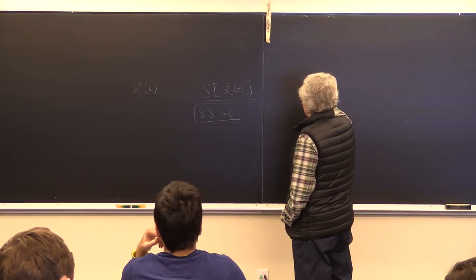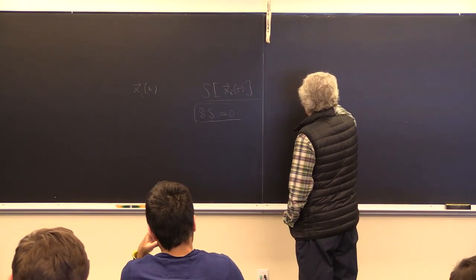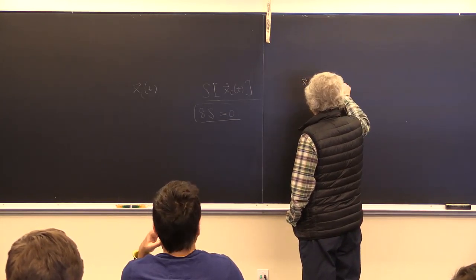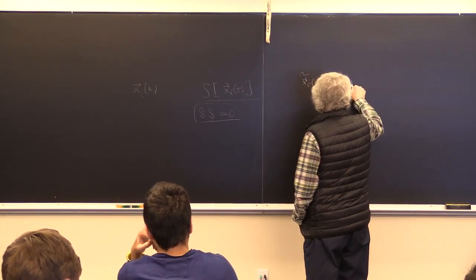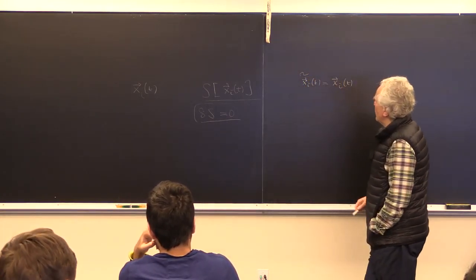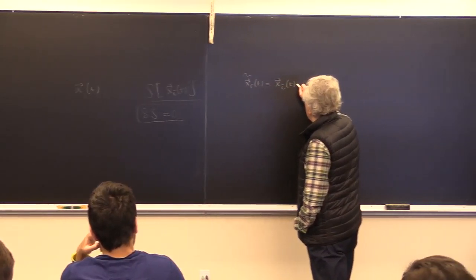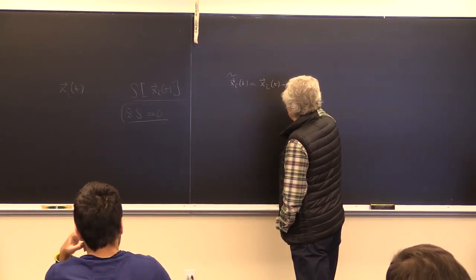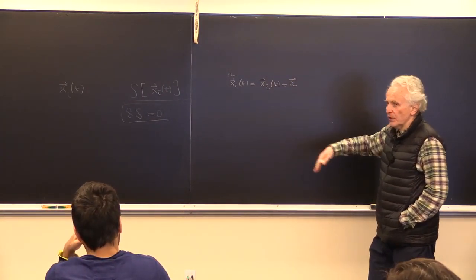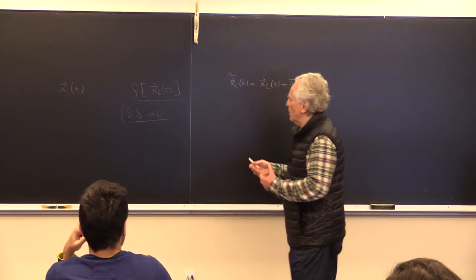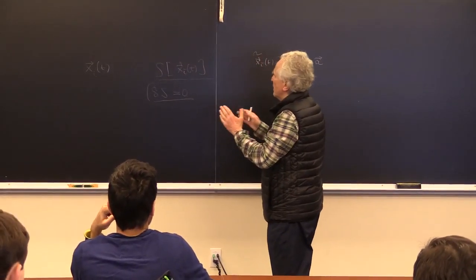We said, let's suppose that the action is translation invariant, and let's perform infinitesimal transformation. We add some constant a. If we add some constant a, the action doesn't change.